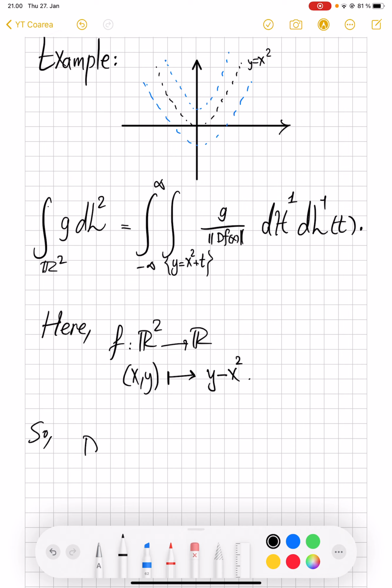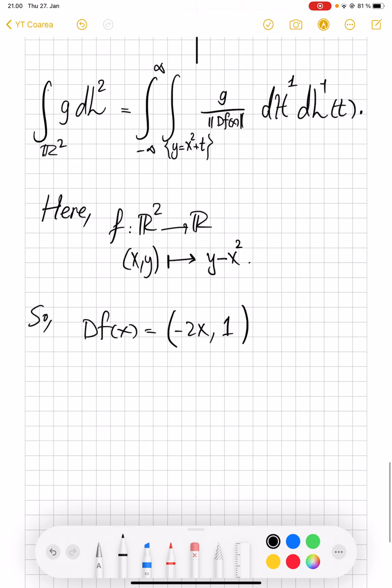So df of x, its gradient, is (negative 2x, 1). If you recall from measure theory, this is perpendicular to the level set. In fact, it's pointing in the opposite direction, but it doesn't matter because we're going to take its absolute value.